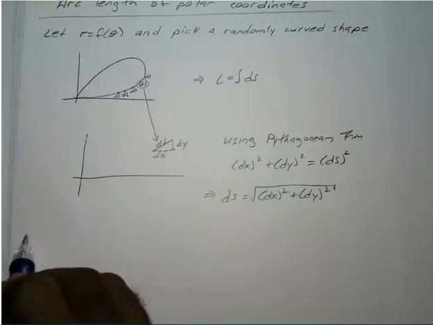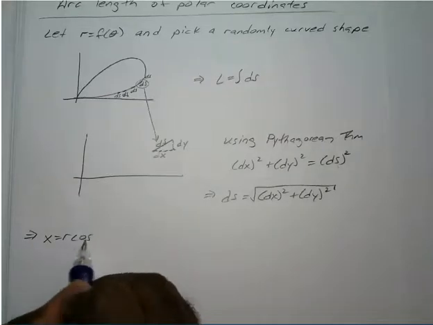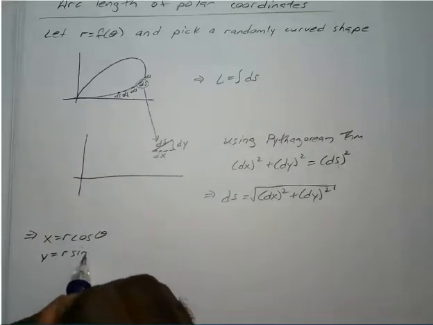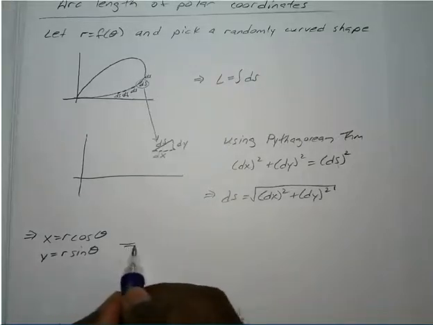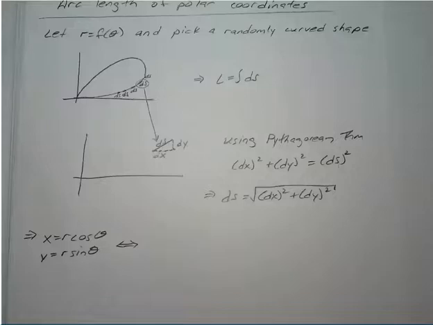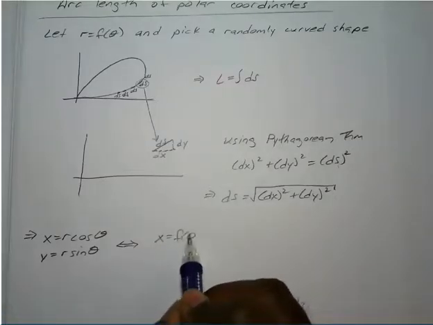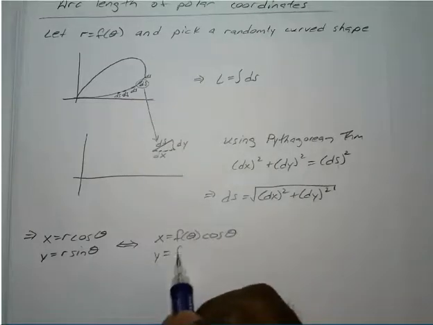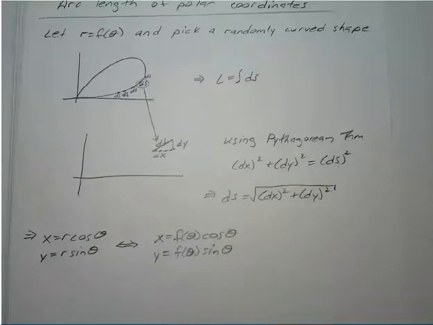If you remember your parametric curve, x equals r cosine theta and y equals r sine theta, you can also write that as x equals f of theta cosine theta and y equals f of theta sine theta.